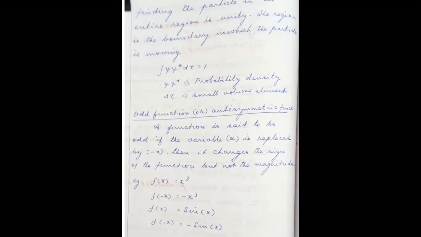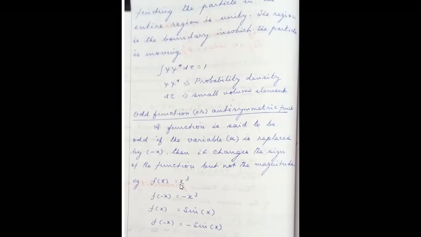And another important idea is odd function or anti-symmetric function, even function or symmetric function. Odd function is when you change the sign of x, the entire function changes its sign. Say for example, f of x is equal to x cube, x power 3. This is a function.